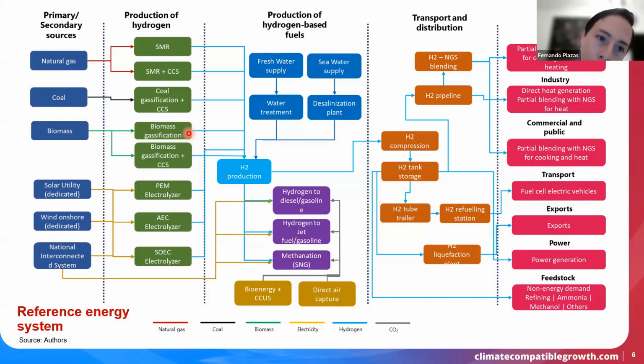So we could use biomass gasification alone, but if we use it in combination with CCS, it could even be possible to create negative emissions. So it's another interesting option.